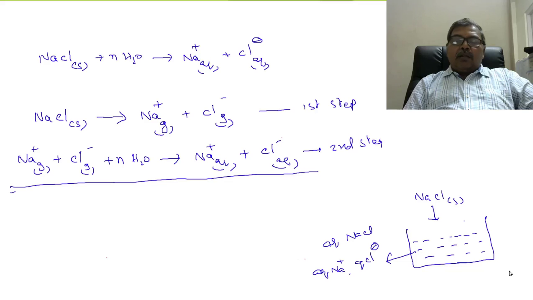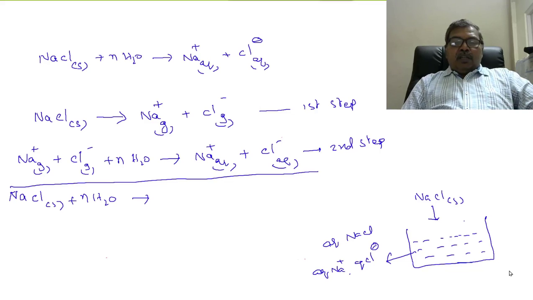Now, if you add both the steps, then NaCl solid and n moles of water give rise to gaseous Na plus ions, gaseous Cl minus ions; this side gaseous Na plus ions and gaseous Cl minus ions cancel out.